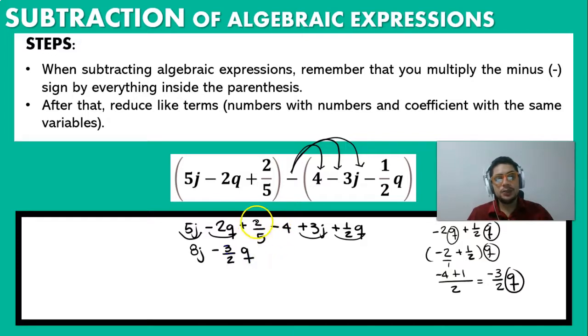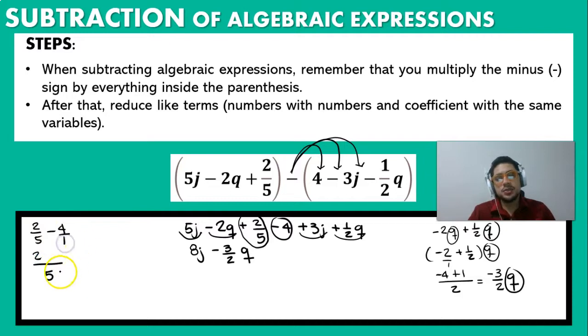And then we have two numbers, which is 2 divided by 5 and minus 4, right? So remember guys, 2 divided by 5 minus 4. Because they have different signs, we're going to subtract them. And we have 5 is the common denominator, divided by 5 is 1, multiplied by 2 is 2.